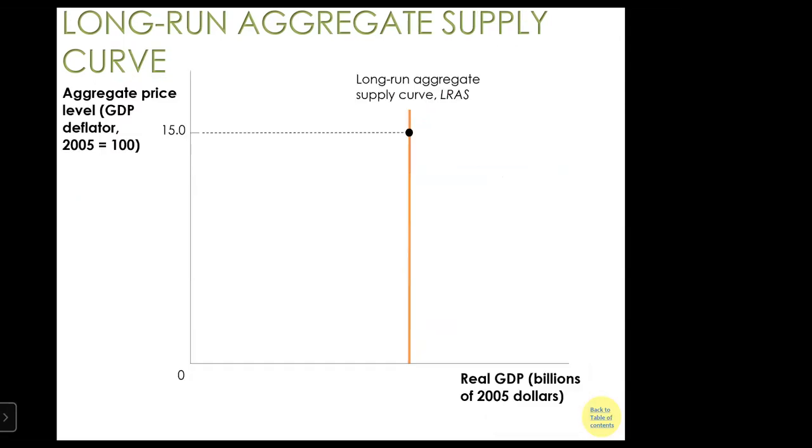But first of all, the long run aggregate supply will look like this. This just means over the long term, the aggregate price won't matter to your aggregate supply. And why is that? One way to look at that is, over the long run, there's enough time for the economy to respond to the aggregate price change, particularly in terms of nominal wage.